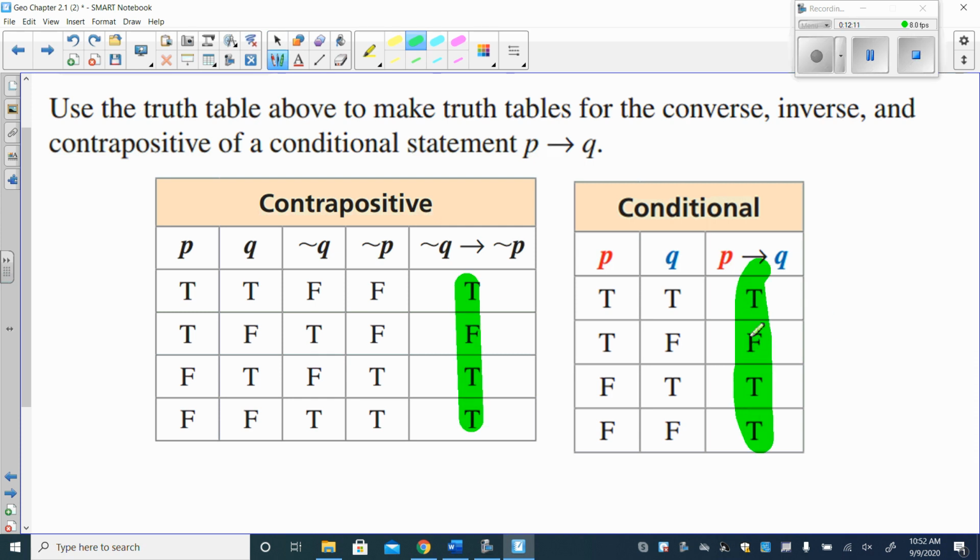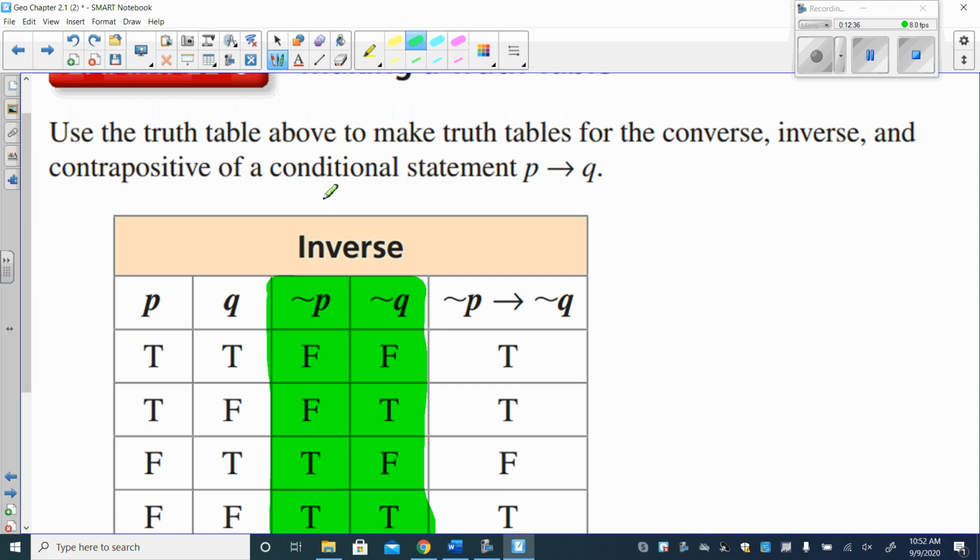These are the same. So that's what we talked about the other day, that the conditional statement and contrapositive will always have the same values. No matter what the statements are, they will be the same. So if the contrapositive is false, the conditional will also be false. If the contrapositive is true, the conditional statement will be true.